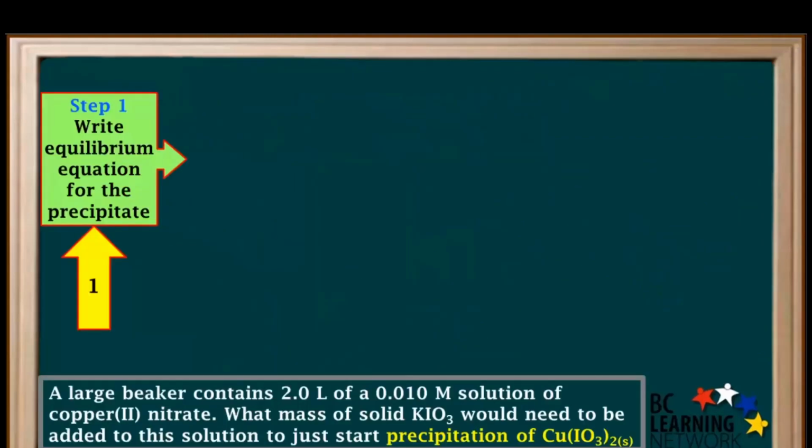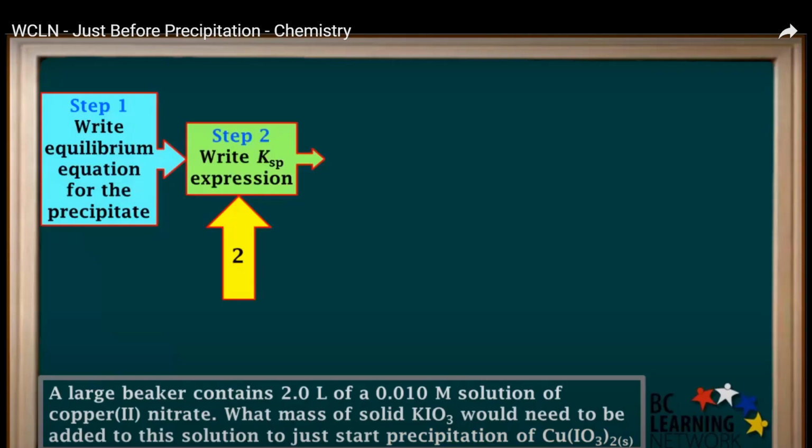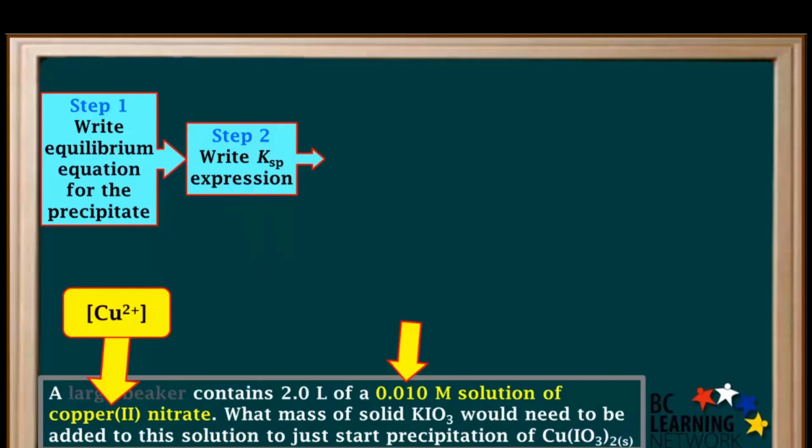There's lots of steps needed to complete this problem, so it's best to create a plan first, listing the steps. Step 1 is to write the solubility equilibrium equation for the precipitate CuIO3. In step 2, we use the equilibrium equation to write the Ksp expression. We can easily determine the concentration of Cu2 plus from the given concentration of copper-2 nitrate.